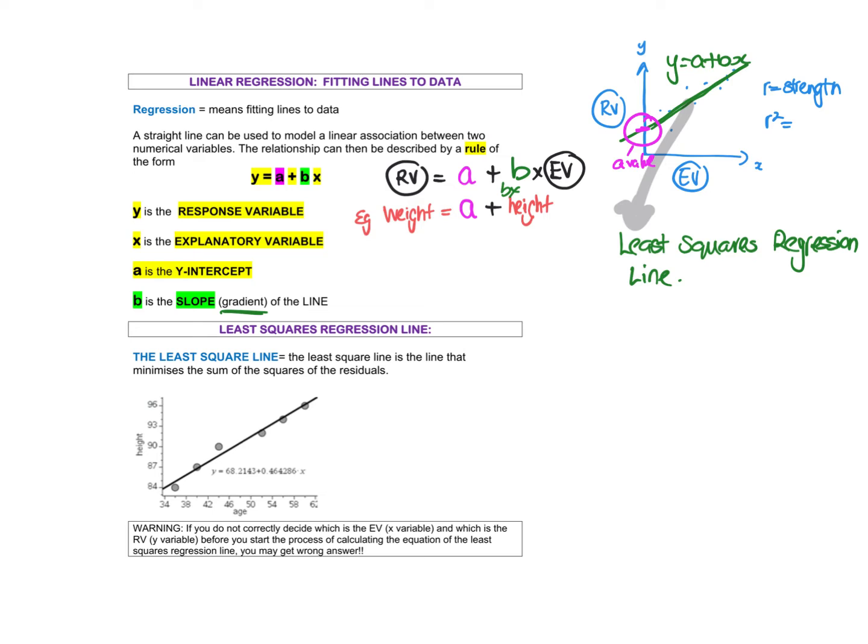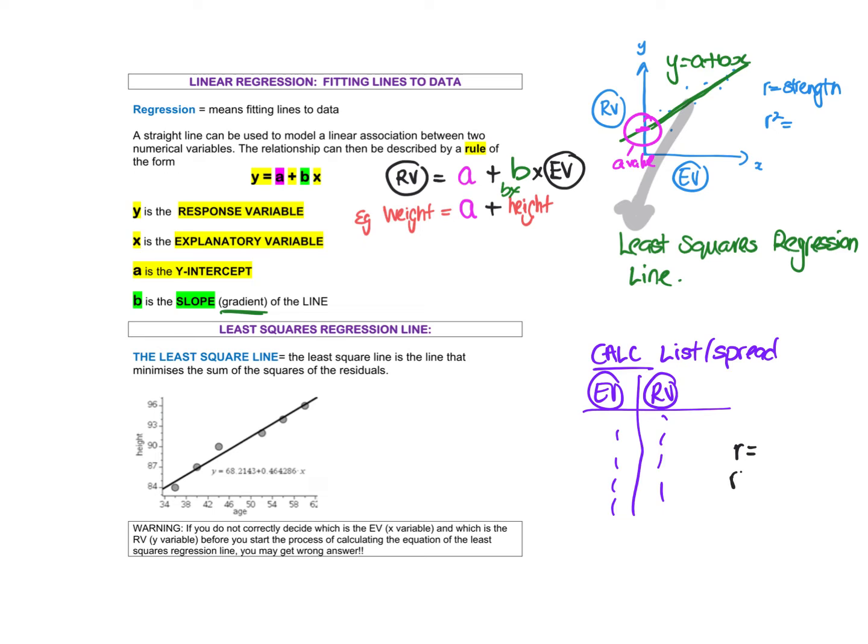You would have noticed when you're in your calculator, on lists and spreadsheets, you've got all your lists, with our explanatory variable listed there and our response variable there, where we found our R value and our R squared value.